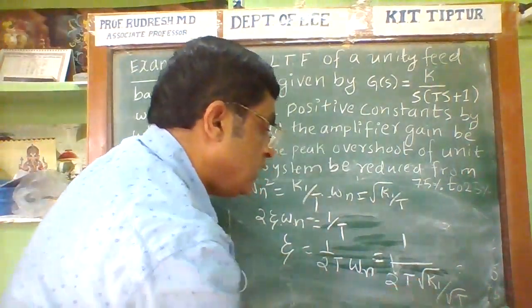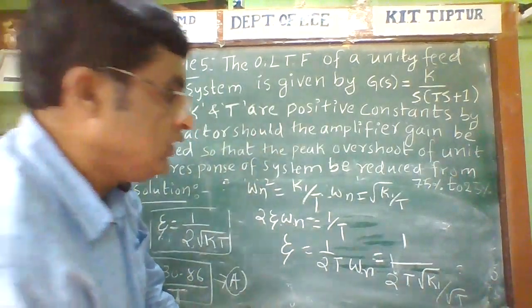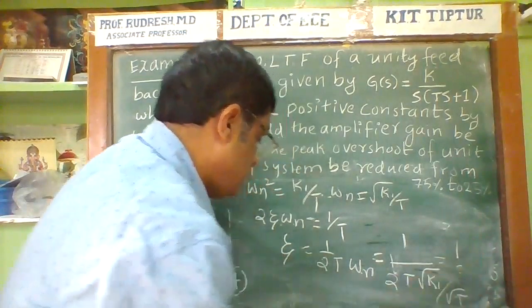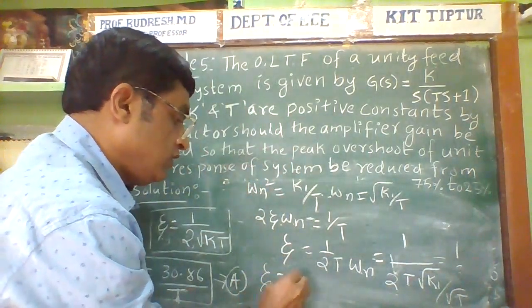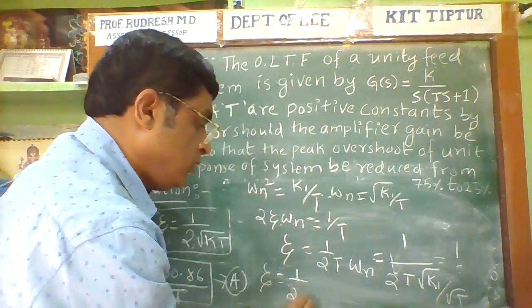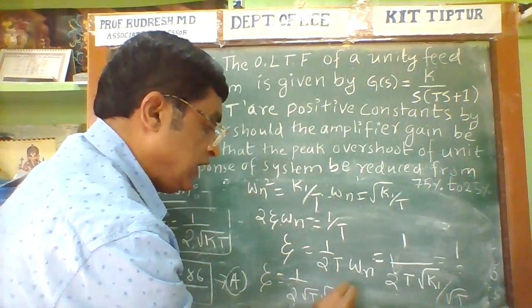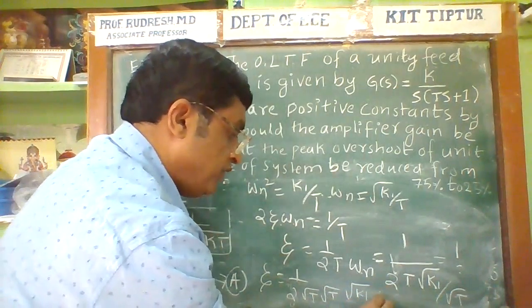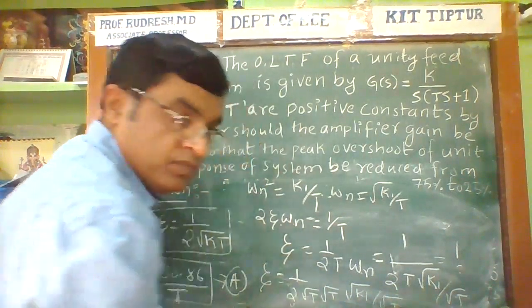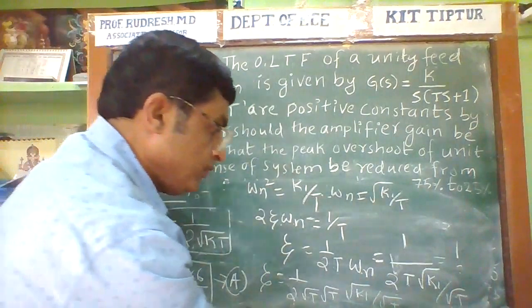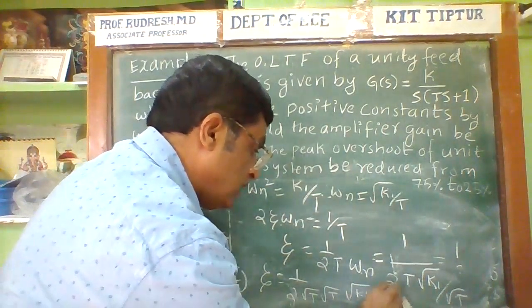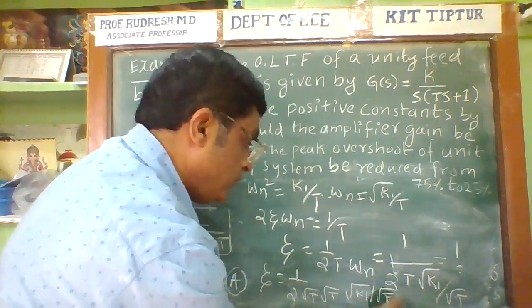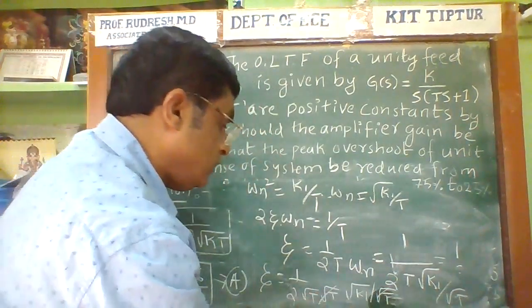Now this t can be written as root t into root t. Now this root k1 divided by root t, the root t gets cancelled.